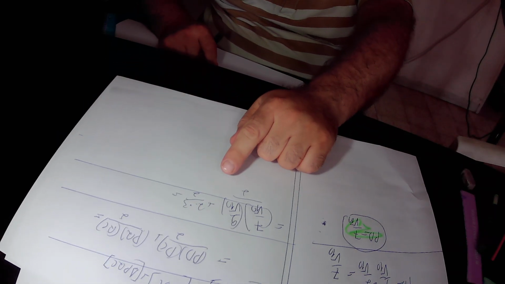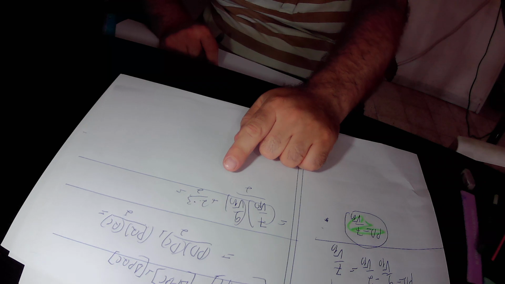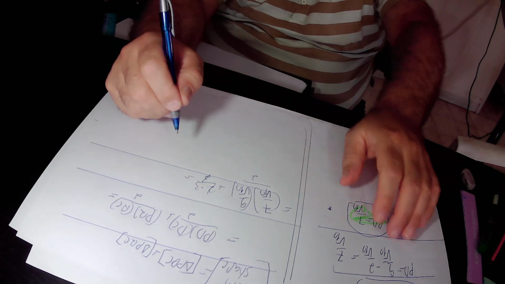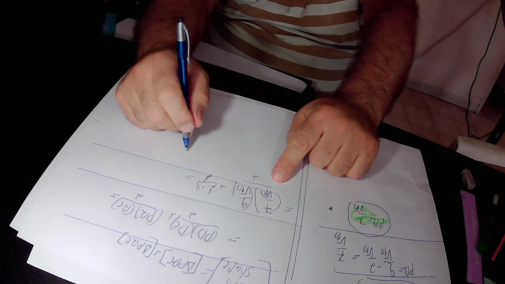So the area of the right triangle PQC is 2 times 3 over 2. 2 over 2 is 1, so we are left with only 3. What is the value of this expression?